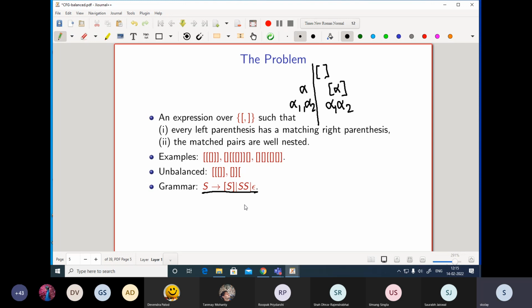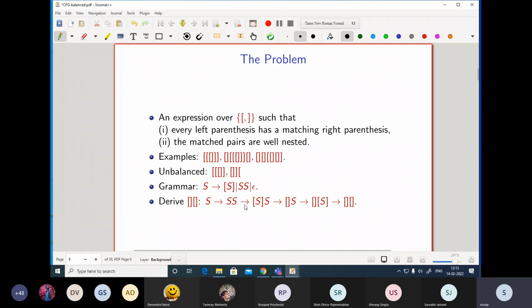But now we have to prove that this actually is a grammar for this particular language. As an example, if I want to derive left bracket, right bracket, followed by another left and right bracket, this is how I can do a derivation. You start from S, and then you use the production S going to SS. Now, you consider the first S and replace it by left bracket, S, right bracket.